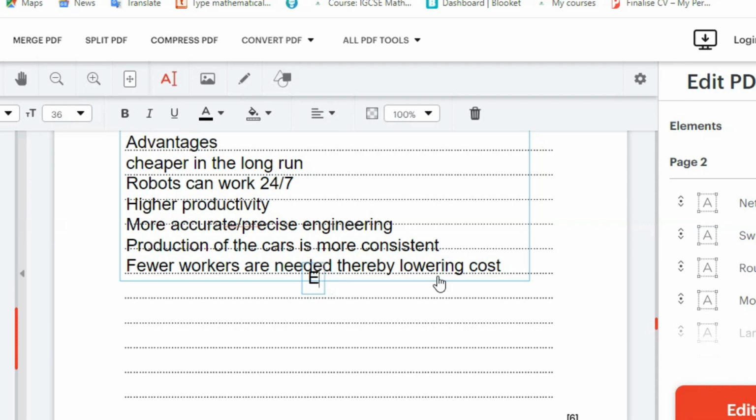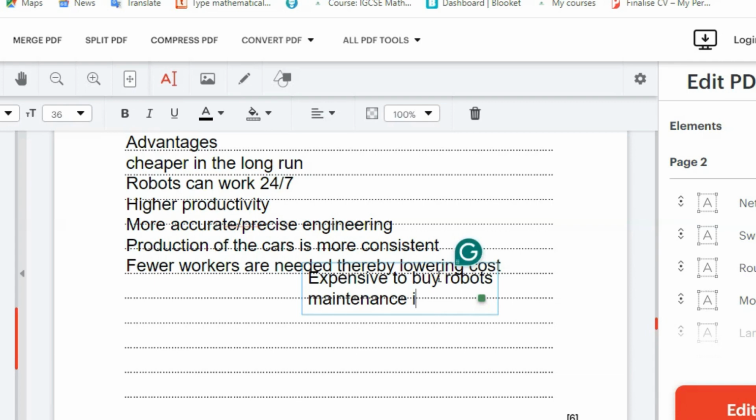1, expensive to buy robots. Robots can be very, very expensive. 2, maintenance is expensive.